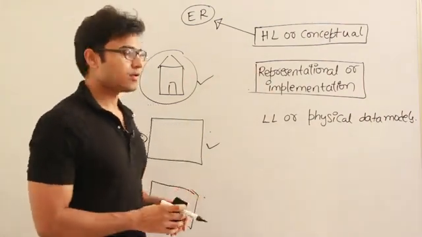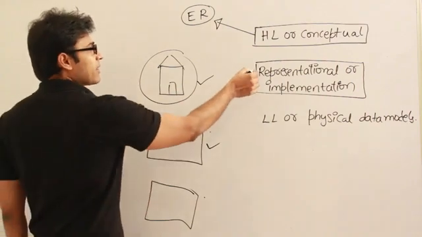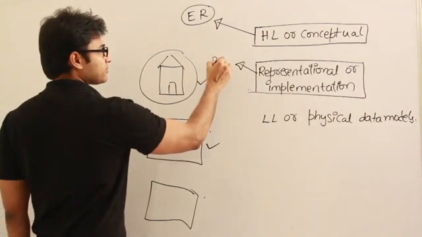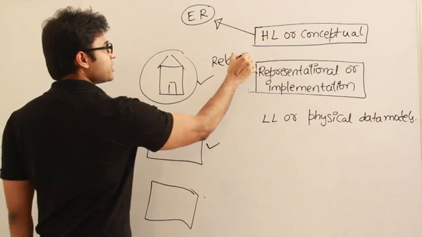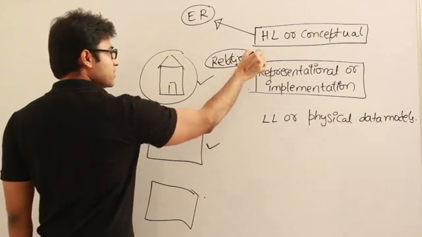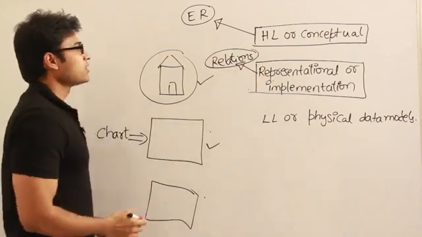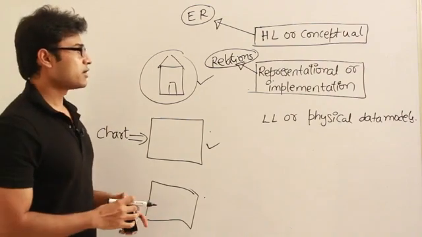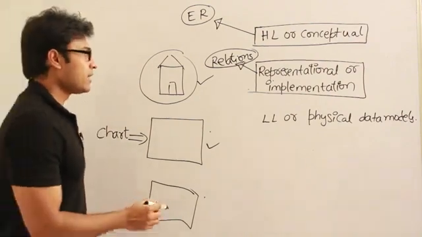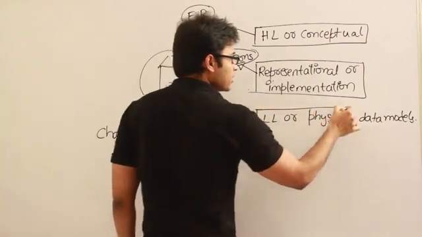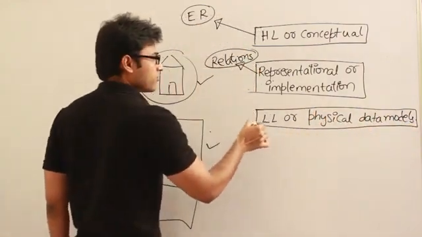At this level of modeling, generally we use relations. Relations means the tables. So it is also called the relational model. Later we are going to take the table and implement it.